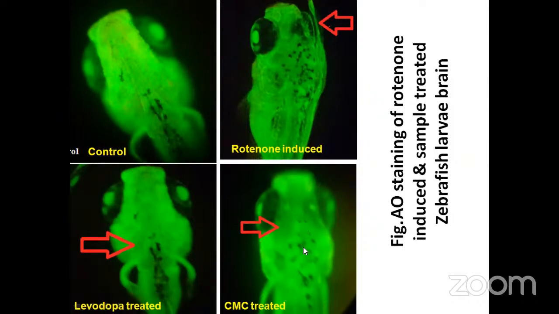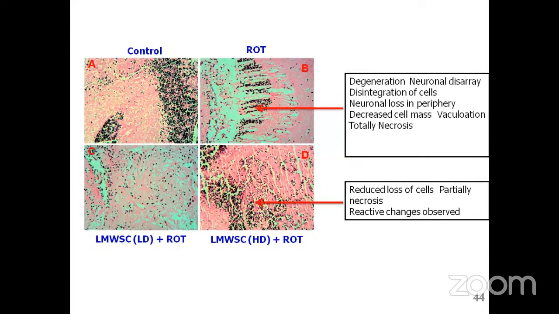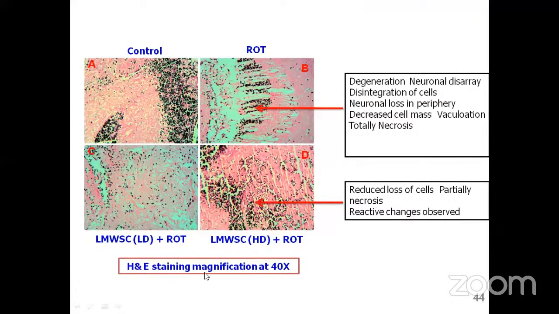So from this, we can come to the conclusion that the low molecular weight carboxymethyl chitosan as well as sulfated chitosan have a neuroprotective effect against rotenone-induced toxicity. Rotenone is a natural pesticide. This was confirmed by histopathology also, where we took sections of the zebrafish brains, stained with hematoxylin and eosin, at 40x magnification.